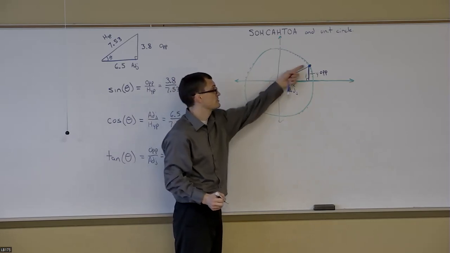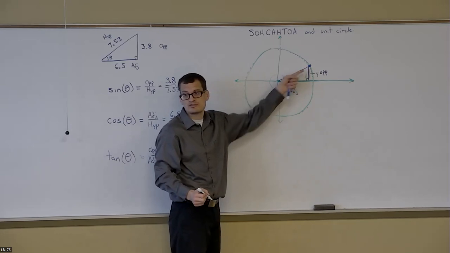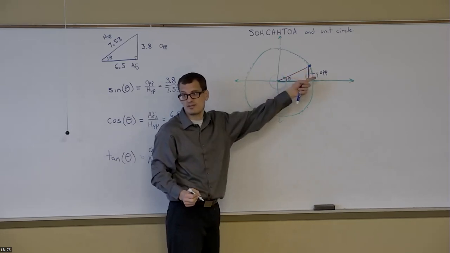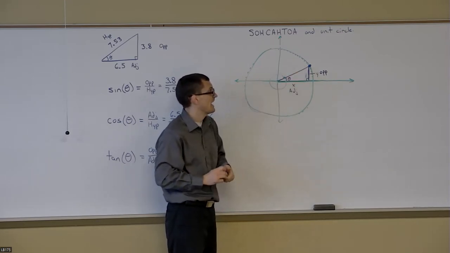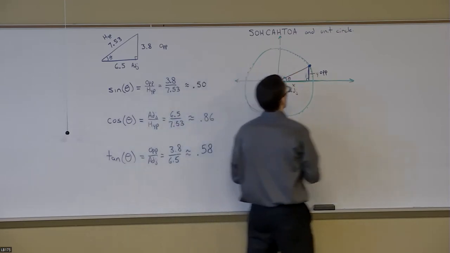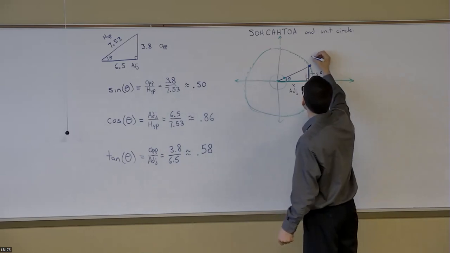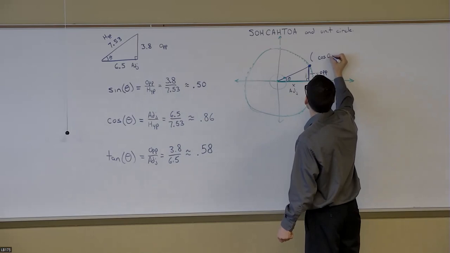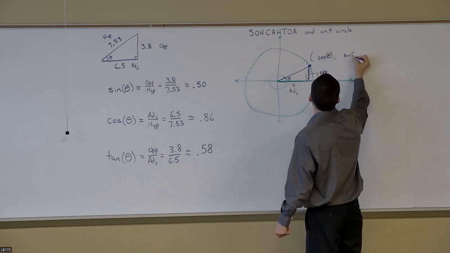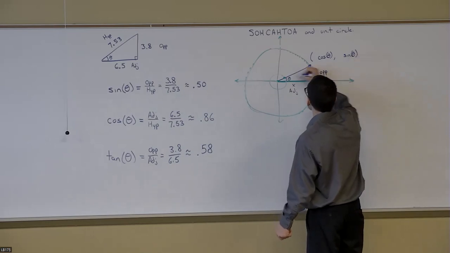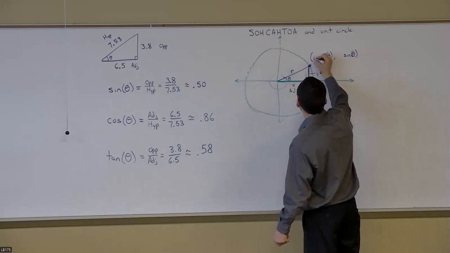How do I stretch that point out? Well, I stretch it by scaling it up. So this point here is also going to be related to cosine theta and sine theta, but it's going to be stretched out by whatever this radius is.